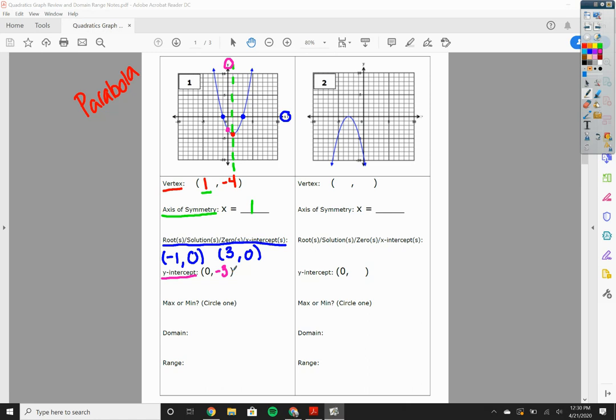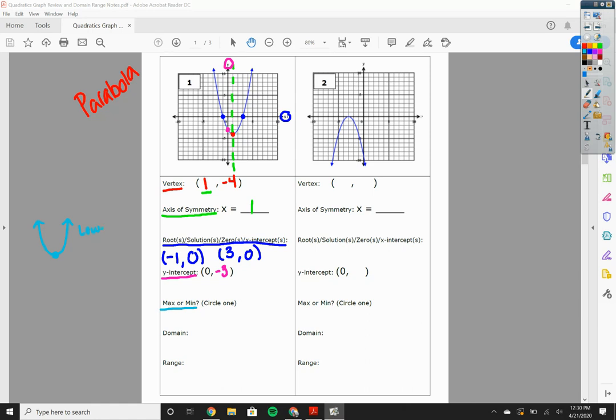Now, is it a max or a min? The way we tell this, if your graph looks like this, there's the vertex. Is this vertex the maximum point of this graph, or is it the minimum point? Is it the highest point or the lowest point?